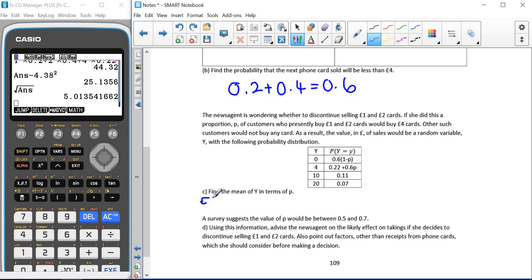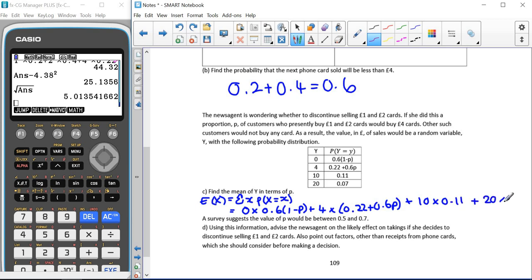Remember, for our mean, the same as the expected value, we do the sum of x times the probability of that value of x, which means we have 0 times 0.6 times (1 minus P), plus 4 times (0.22 plus 0.6P), plus 10 times 0.11 plus 20 times 0.07.